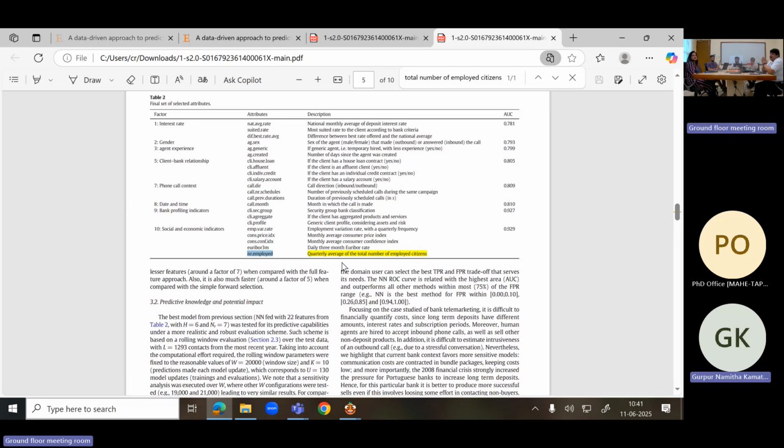Sir, one question. When these variables are given, can we draw correlation between these variables, for example between the duration of the call and whether they will ultimately get converted?